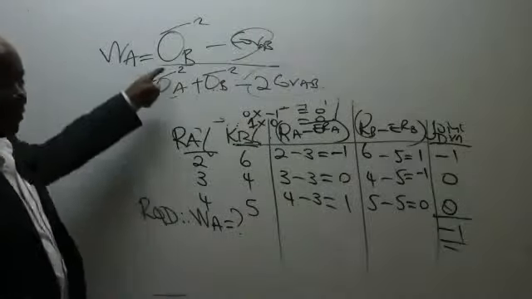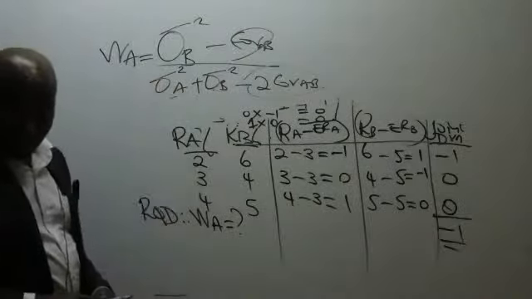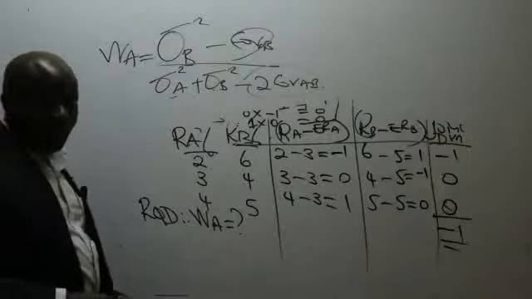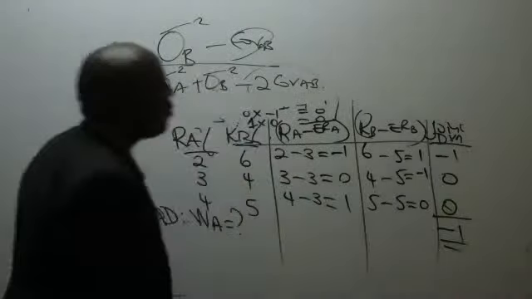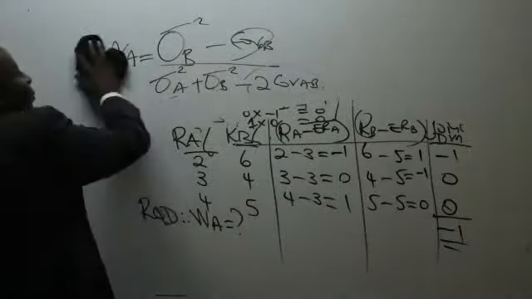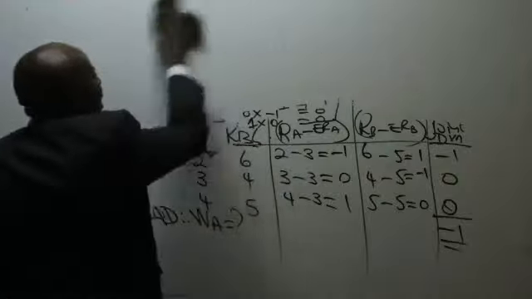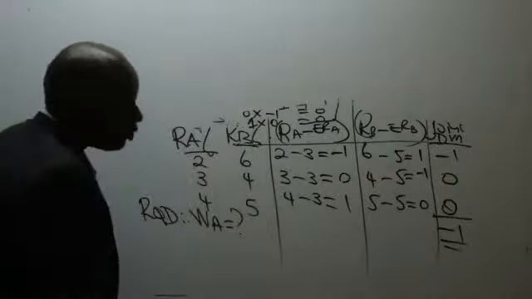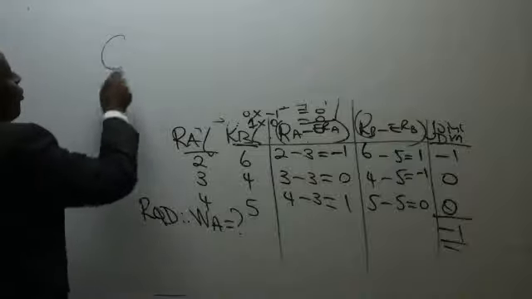Now I would want us to get the variances. So is there somebody there who is able to give me the formula for variance of A? How do we get variance of A?